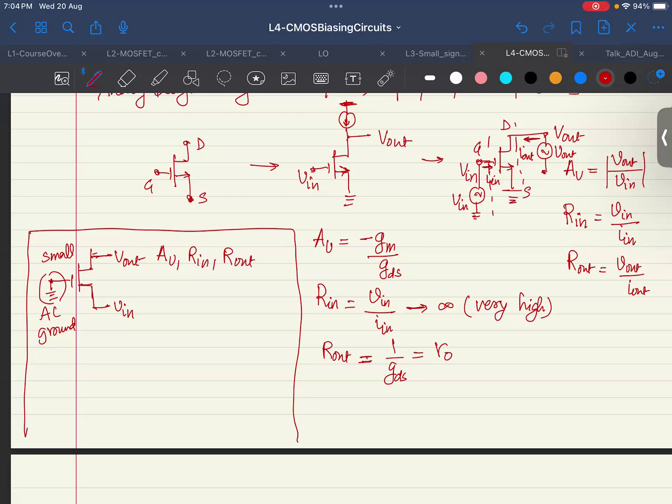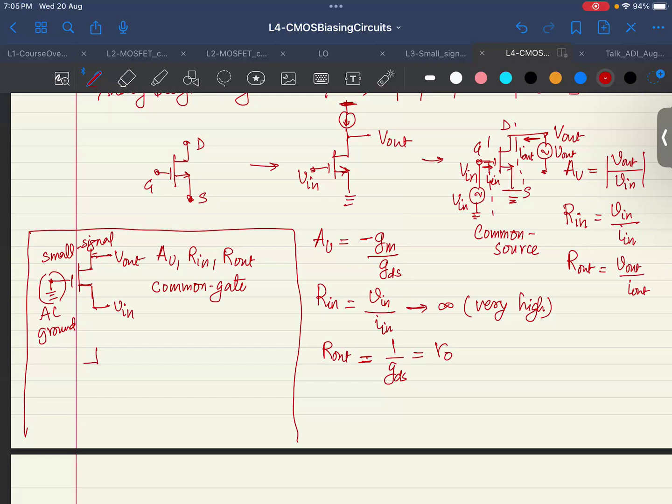Similarly, I could also have another configuration. This configuration is called common gate, because the gate is applied to a fixed potential. Similarly, here the source is at a fixed potential, or zero, and it's called common source. There's another terminal which can be common, as in common drain.